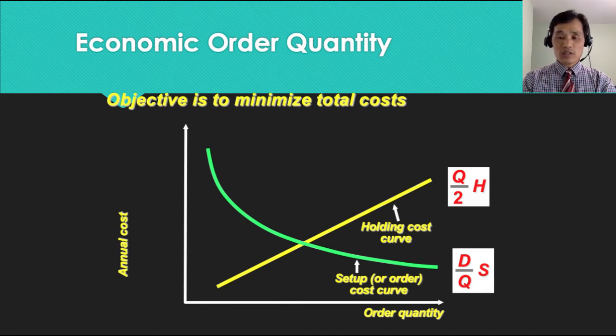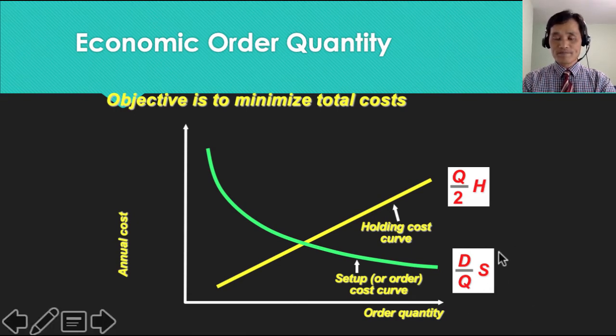In this model, the setup cost can be calculated as D over Q times S. Here D is annual demand, Q is quantity of inventory, and S is setup cost.